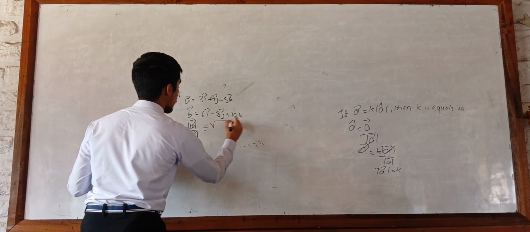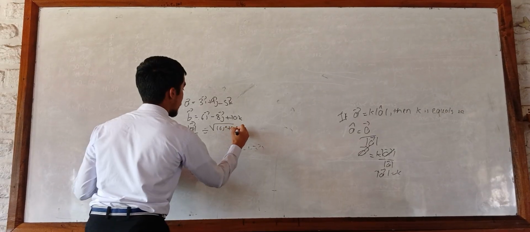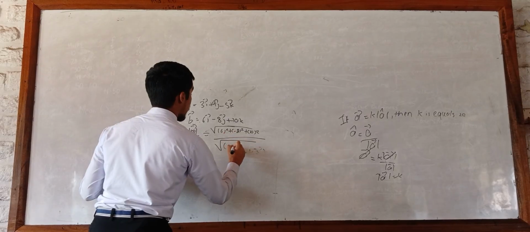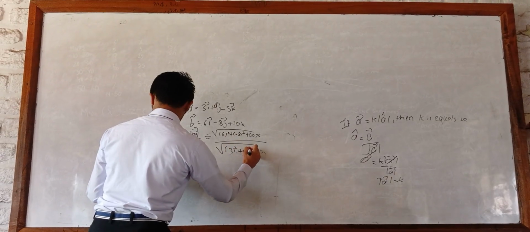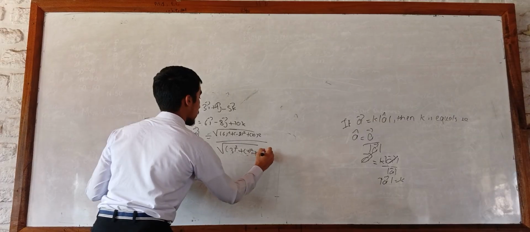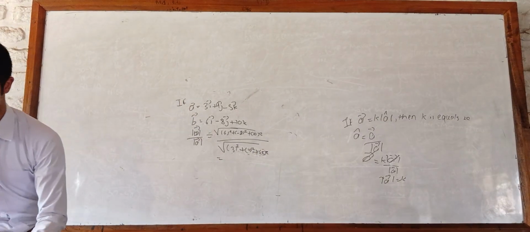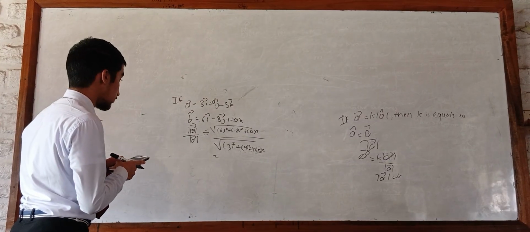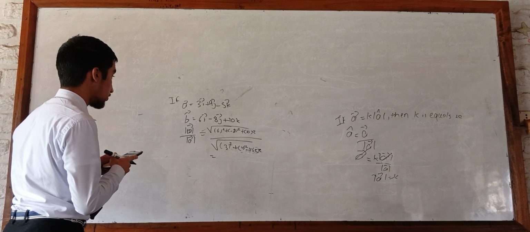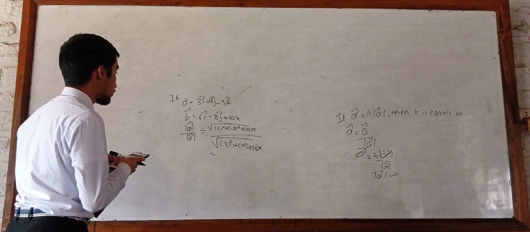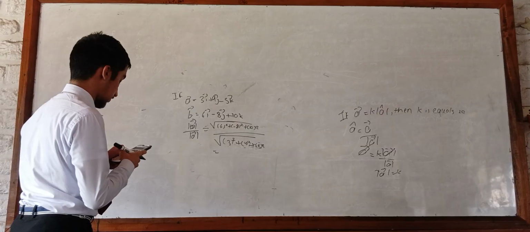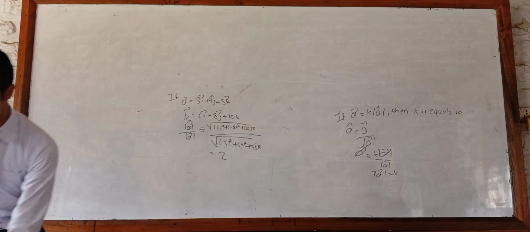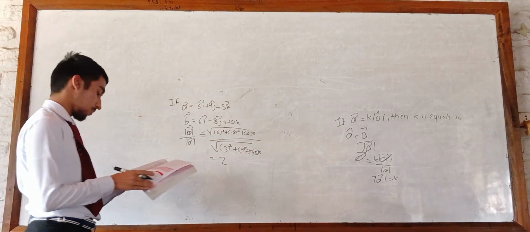For this we can just do 6 whole square plus minus 8 whole square plus 10 whole square divided by 3 whole square plus 4 whole square plus minus 5 whole square. The answer will be 2, which is our option number B.